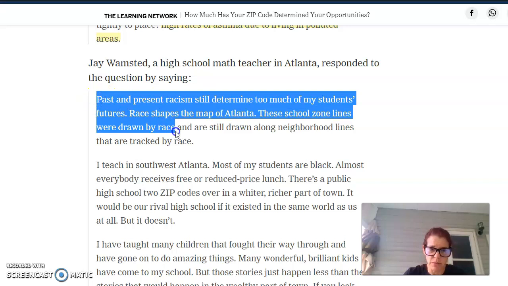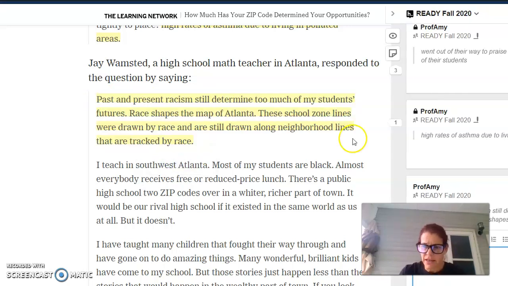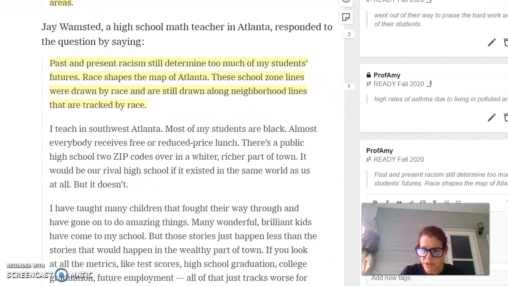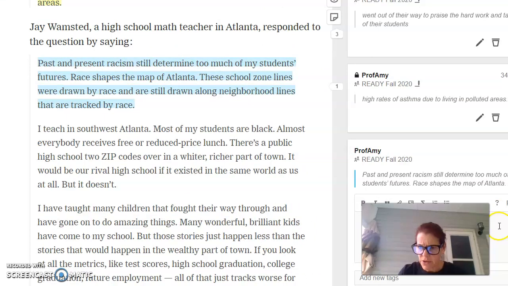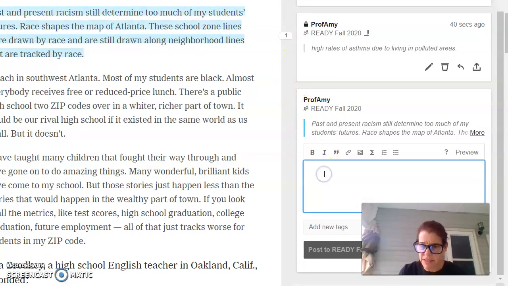Okay, that's really important. I am definitely grabbing that, and I'm annotating that. I'm going to move my box over here so you can see. Okay, now you'll be able to see.